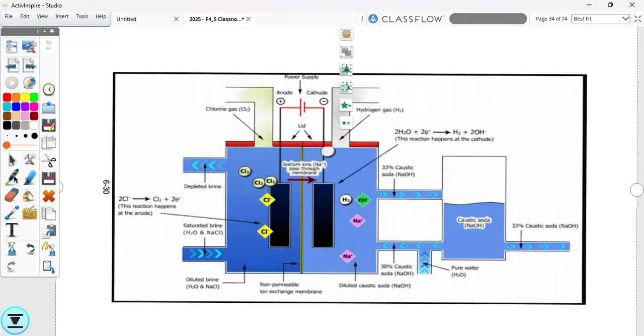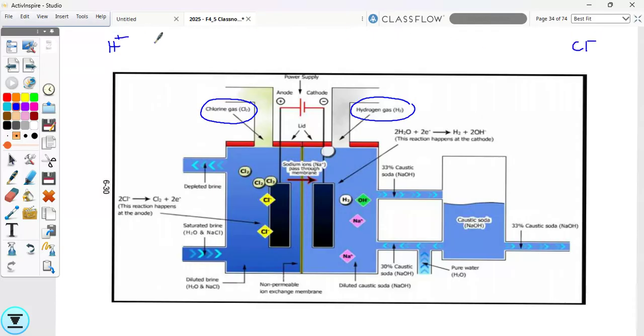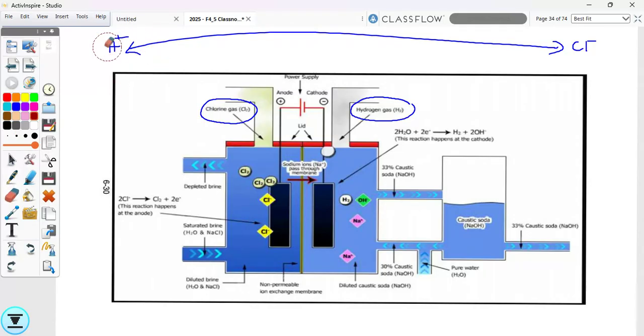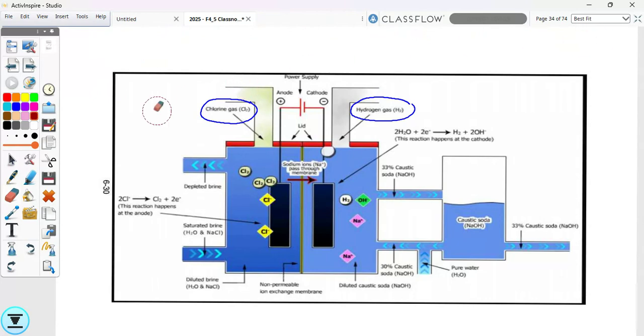The problem with these two gases, chlorine gas and hydrogen gas: remember, hydrogen is in group 1, chlorine is in group 7. They would love to get together and swap out electrons. They're very, very reactive when they meet each other. That is why we can't just make them in the same container, besides the point that they would still be mixed. We can't make them together because they will explode when they touch each other, and we don't want that.